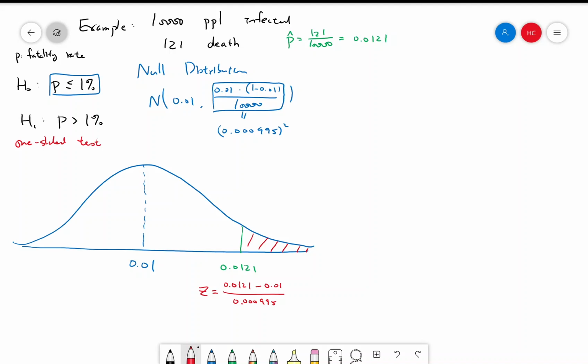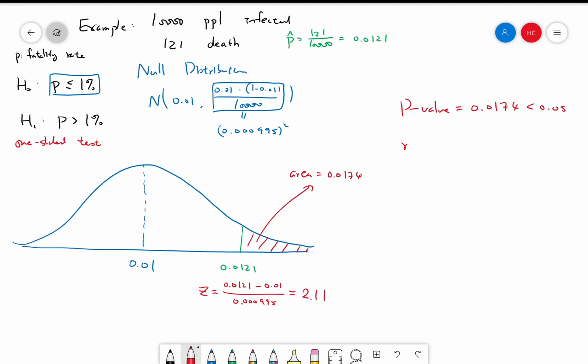You use the calculator, the z-value is 2.11. And if you look at the table for 2.11, you'll find out the area of this tail is equal to 0.0174. So the p-value is 0.0174, which is less than 0.05.